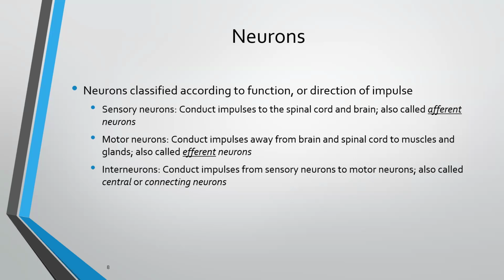And then interneurons conduct impulses from sensory neurons to motor neurons, and they're also called central or connecting neurons. So motor neurons conduct impulses in only two kinds of tissue: muscle and glandular epithelial tissue.